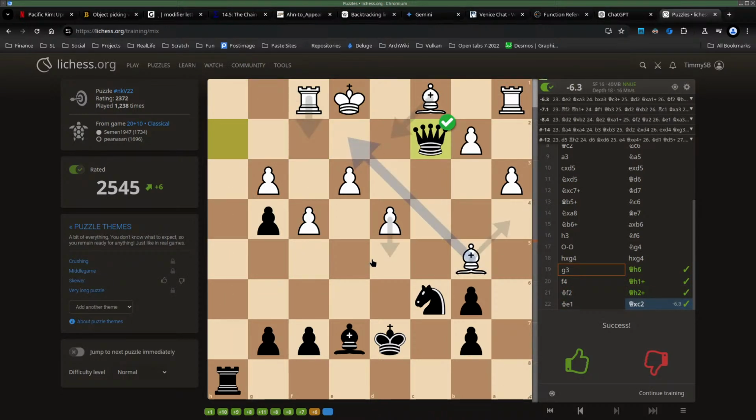Nah, come on. It's like the puzzles get simpler at the higher ratings. This puzzle is only 2372. Maybe they don't have puzzles of this difficulty.